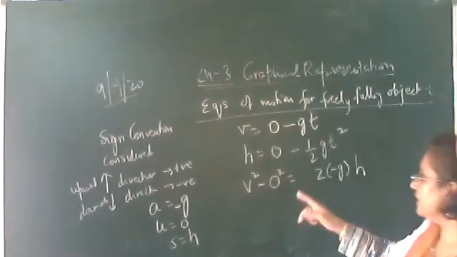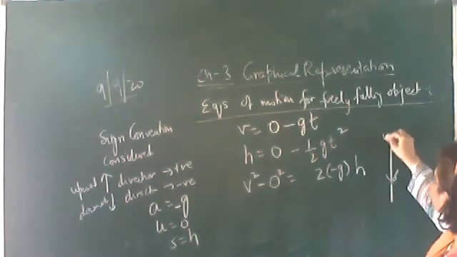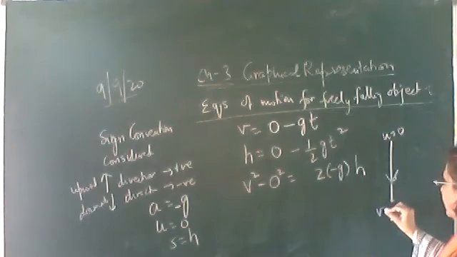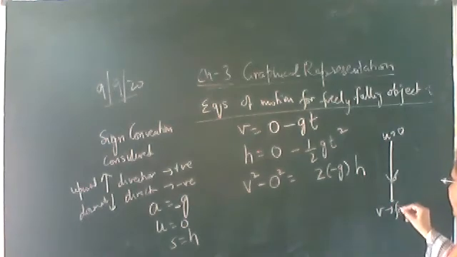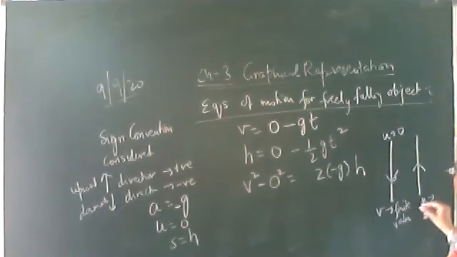Any object which is dropped in the downward direction, you will take its initial velocity to be 0, and the final velocity will have some finite value. Whereas a body which is thrown vertically upwards, because it is thrown with some velocity, has an initial velocity of some finite value, and at the maximum height you will take the final velocity to be 0.